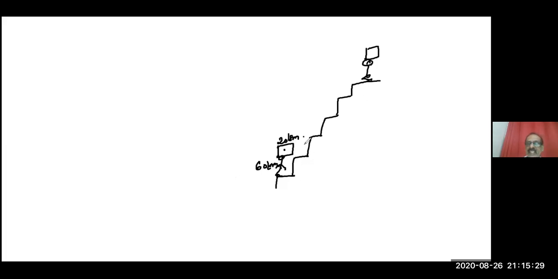The staircase has 20 steps, each of height 0.2 meter.